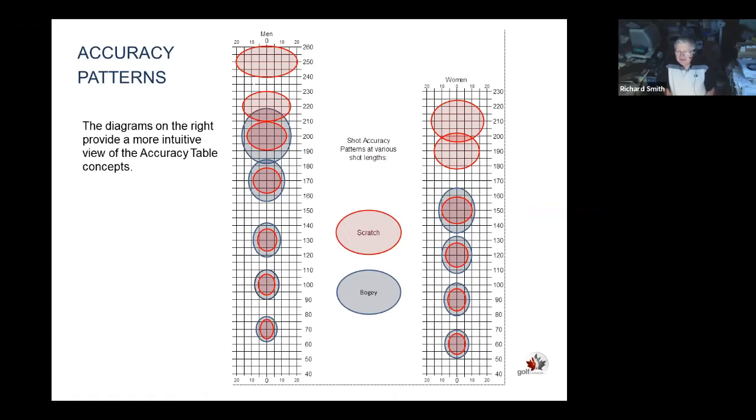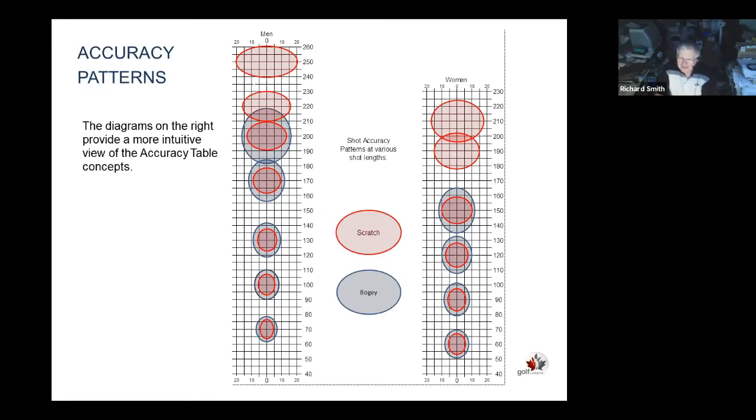So this provides a perhaps better view of what the accuracy patterns are. And for both men and women here, this shows the oval or circle as the dimensions require for both scratch and bogey at a number of selected distances.